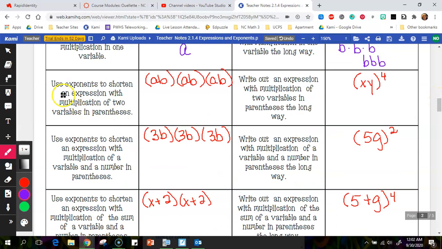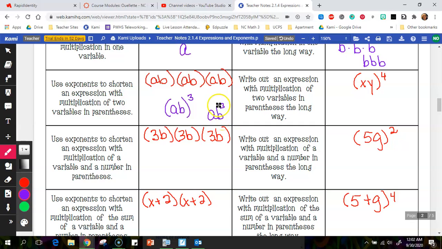Okay, so use exponents to shorten an expression with 2 variables in parentheses. Because the whole AB is multiplied times itself 3 times, the way we would want to write that is in parentheses, write the AB in parentheses, and then on the outside of the parentheses, put the 3. There's a difference in this and this.